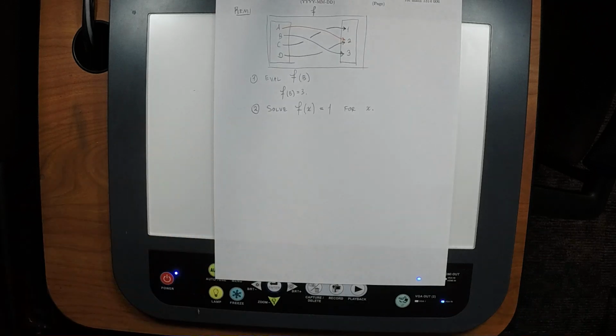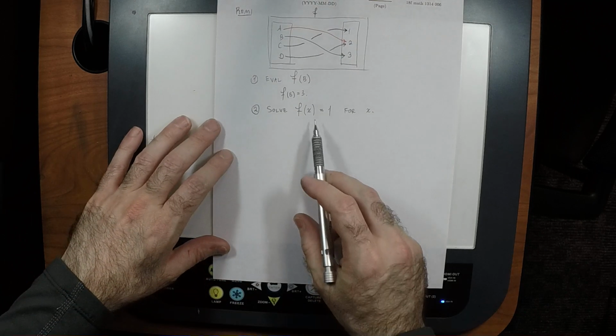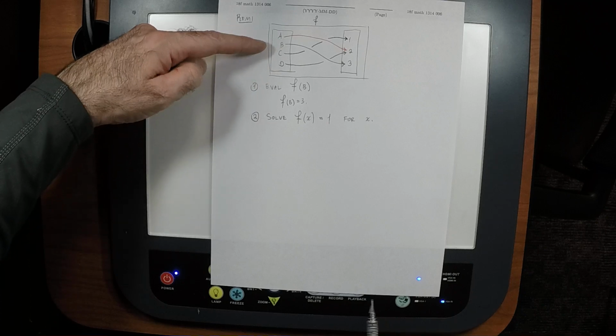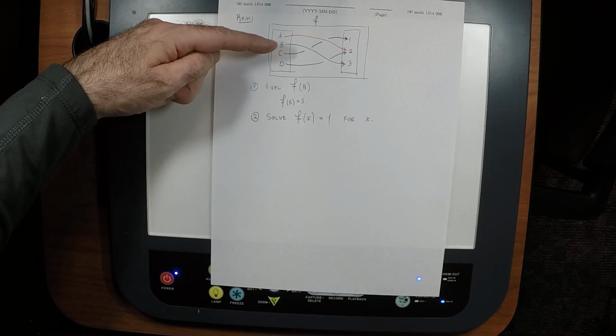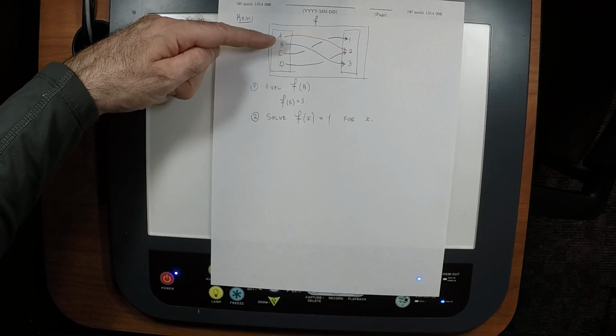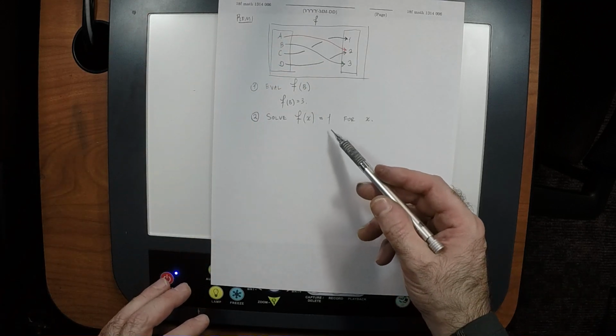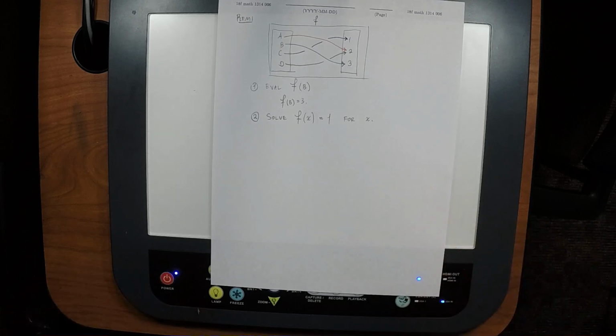Now what's being asked? Define what x is. Right. So to restate the first question, the question was, if you start at b, where do you end up? At 3. And then the current question is saying that, well, if you ended up at 1, where did you start? Well, you started at c, right?